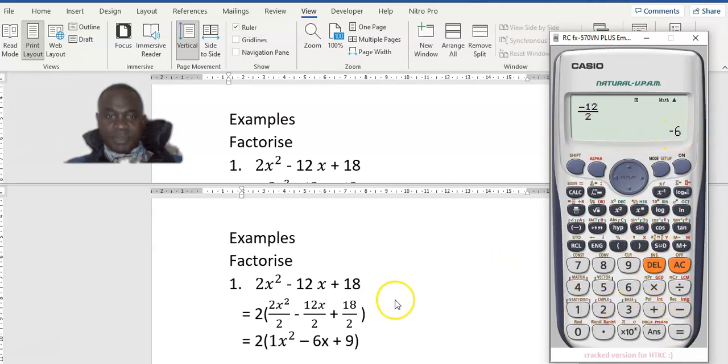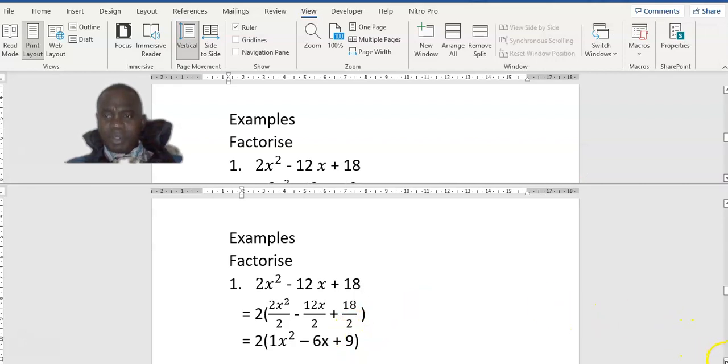Minus 6. So you write your minus 6x. Then 18 divided by 2 gives you what? 9.